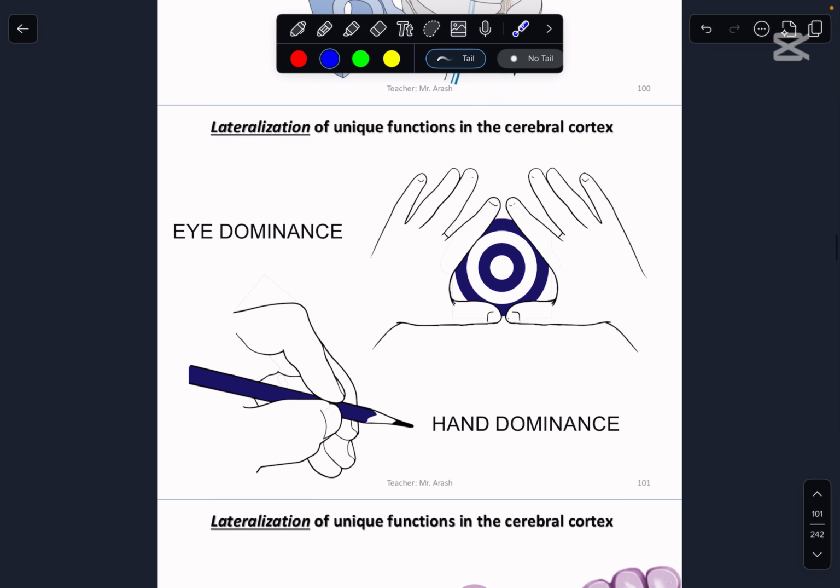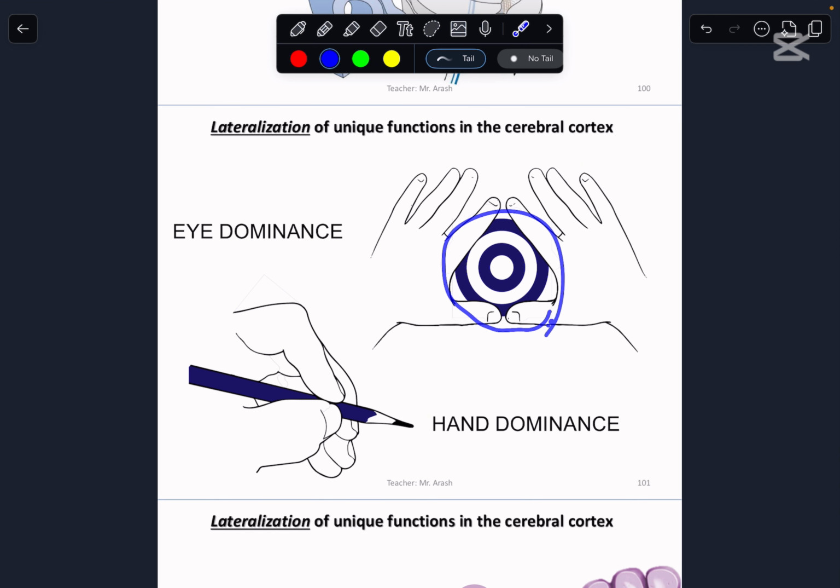And we can actually test lateralization using different tests. So you can test your eye dominance by doing this. If you look at this picture, you can try that at home. You will find that for most people, you will see this picture a bit more clearly using one of your eyes, right?